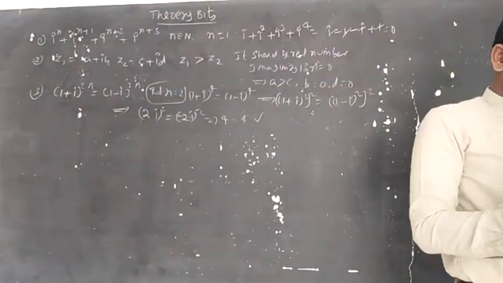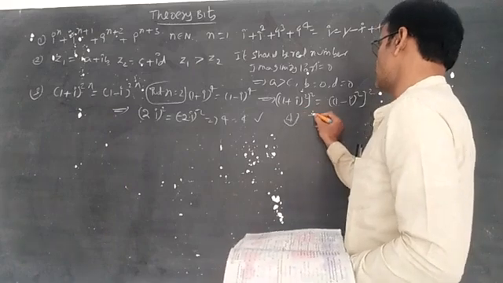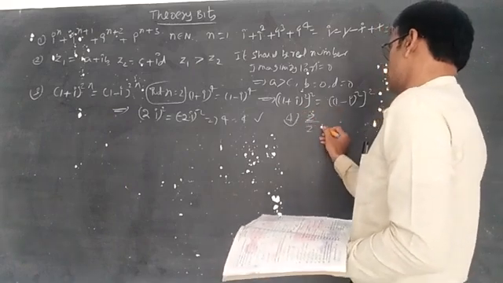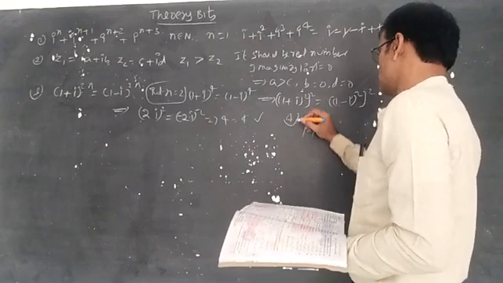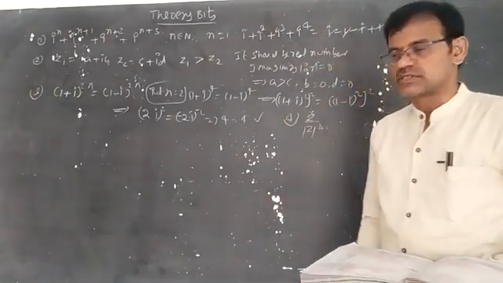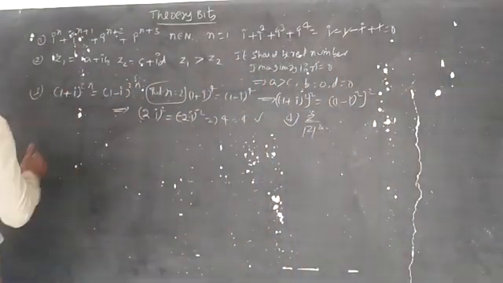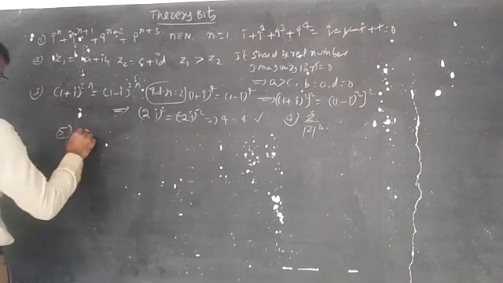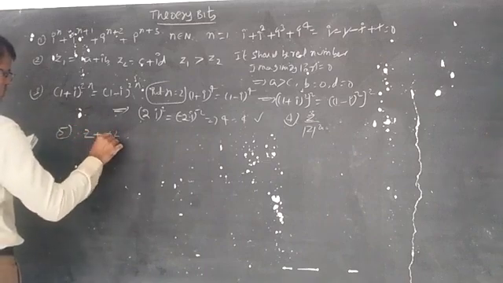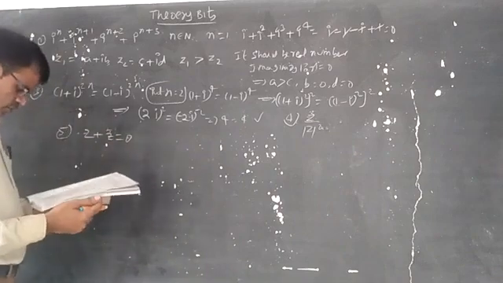Now the multiplicative inverse of z, of course, is the direct formula z bar by modulus of z square. The multiplicative inverse of z bar is z by modulus of z square. Fifth question: z plus z bar is equal to 0.